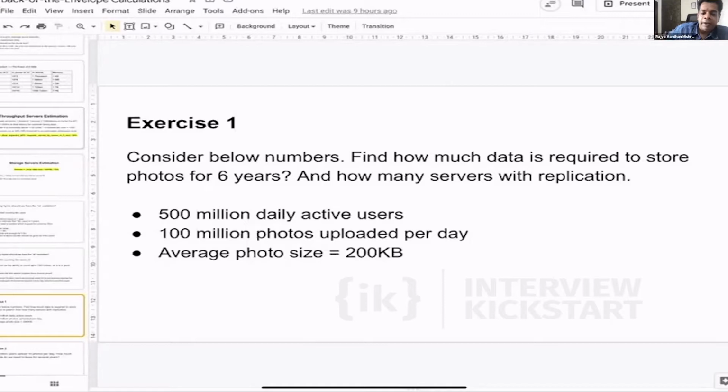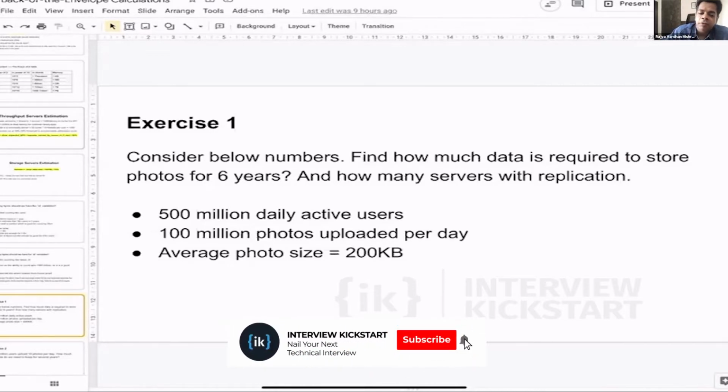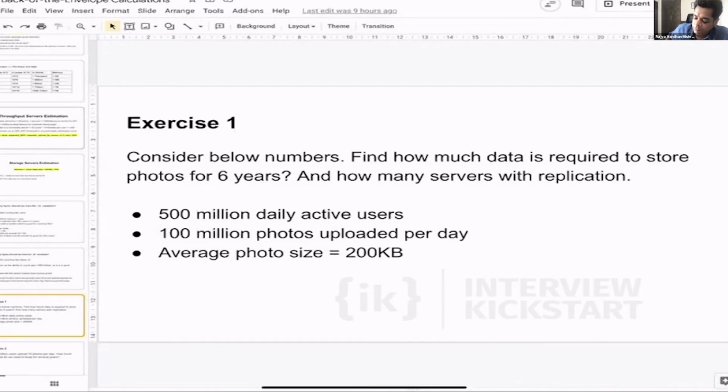So again, in reality, it could be 200 million, 300 million, or 1 billion, but for the purpose of interview calculations, it's perfectly fine. And then the average photo size, we can take it as 200 KB, or you can even take it as 1 MB. That is also fine.